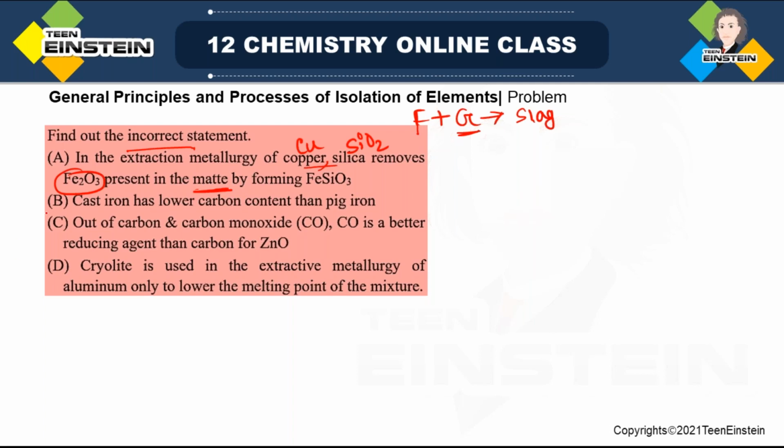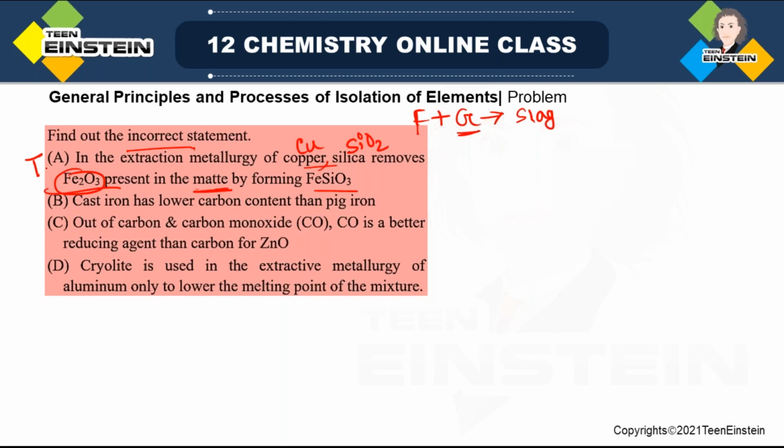Here Fe2O3 is a metallic oxide, that means it is basic in nature. So the flux that we have to add must be acidic in nature. And silica is acidic. So that is why this statement is basically correct, and SiO2 when reacting with Fe2O3 will ultimately form FeSiO3. So this statement is true.